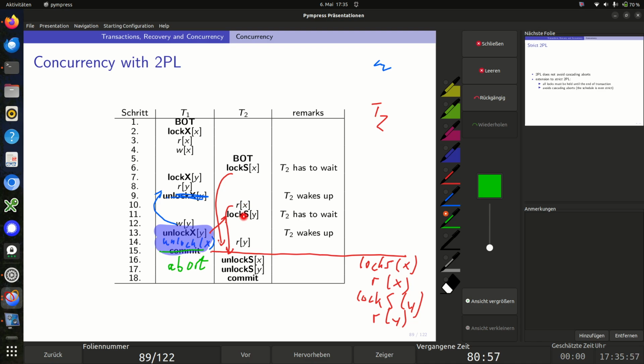That's the idea: the relationship with other transactions. And if unlock and abort happen at the same time, then of course if there's an abort, we would undo this transaction before the other transaction starts.